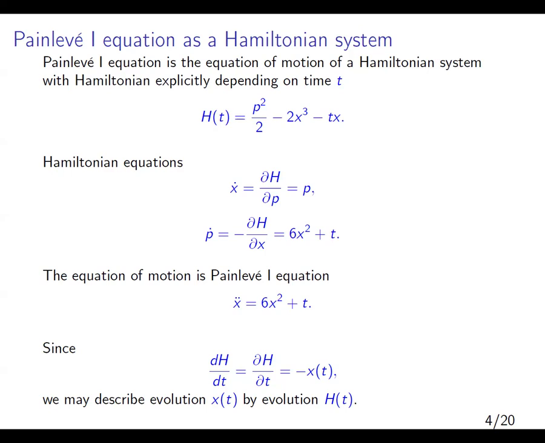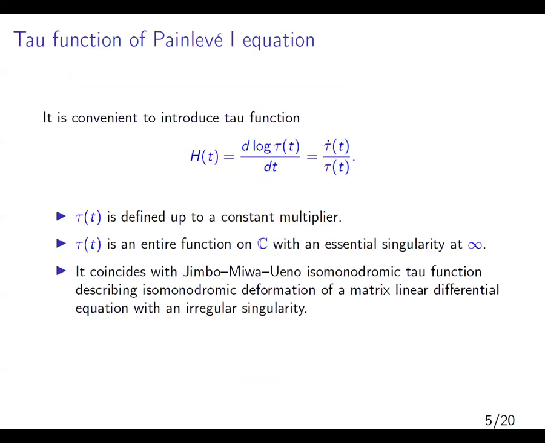So we have some dependence on time, and we can solve such a type of equation. And in fact, it's better to consider another function related directly to the Hamiltonian, related by a differential logarithmic derivative, the so-called tau function.